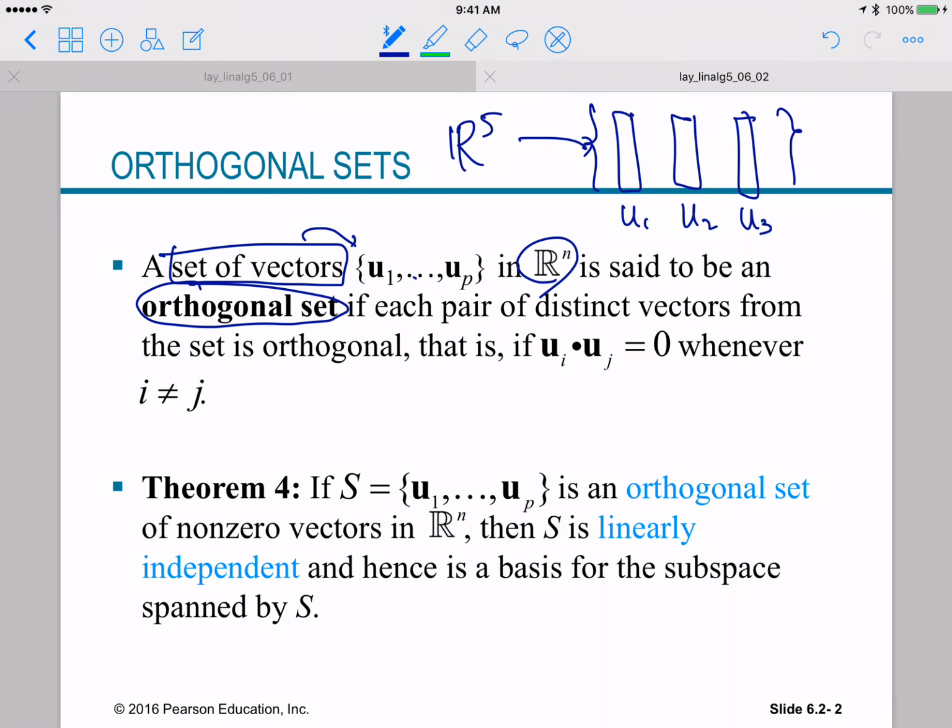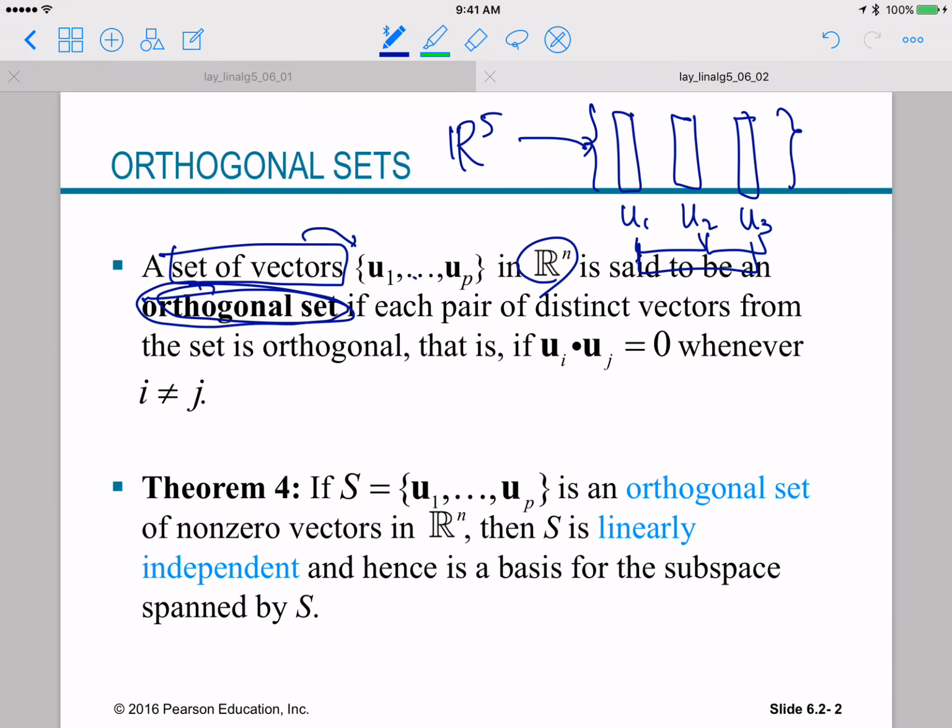You consider this set of vectors, and if this set is an orthogonal set, it has to satisfy that each pair of these vectors is orthogonal, or their inner product should be 0.